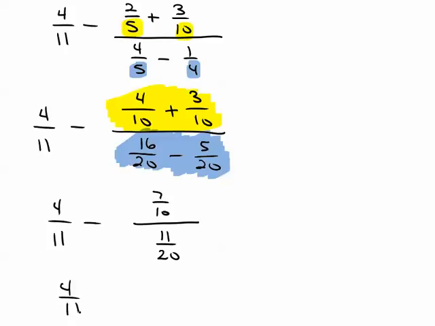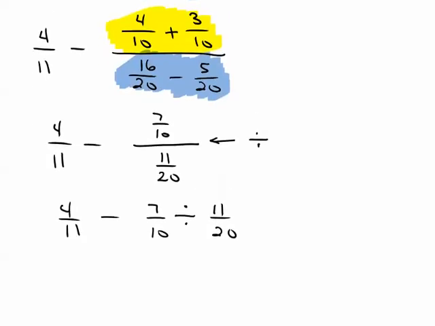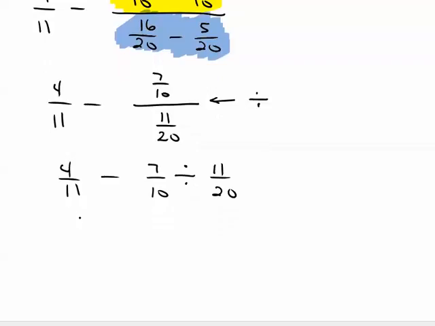Then we have 4 elevenths minus, remember with a complex fraction we keep the top fraction. This fraction bar here means division. So we're dividing that by 11 over 20. So this is where we keep it as the 7 tenths.